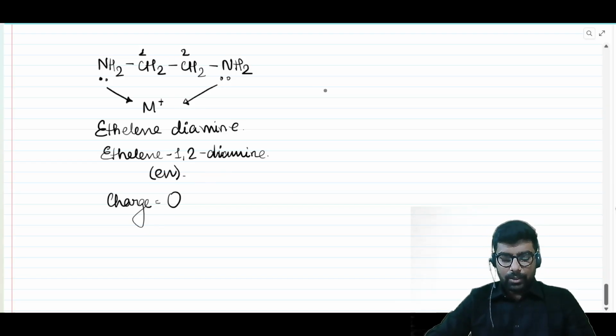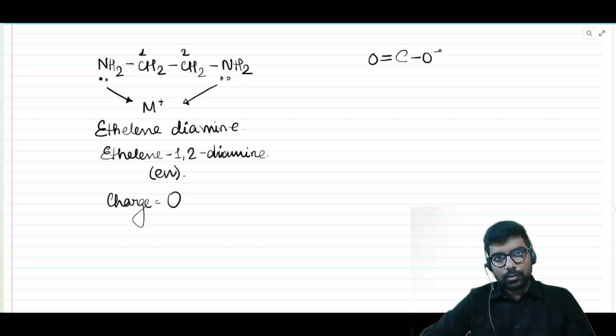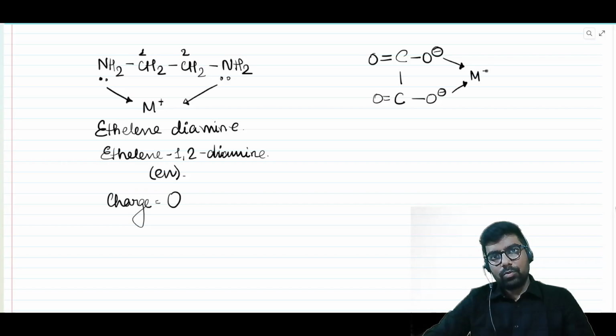Okay, the next one: C double bond O minus, C double bond O minus. It can bind to the metal with two O minus. The name of this ligand is oxalato.